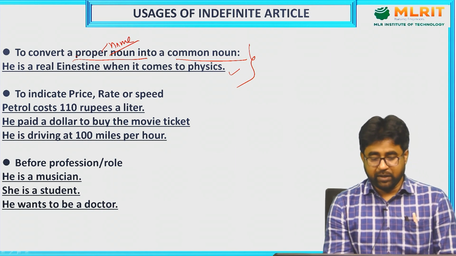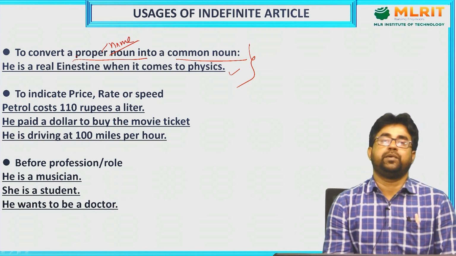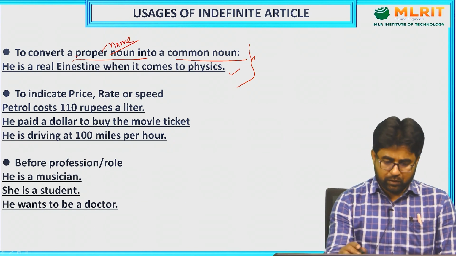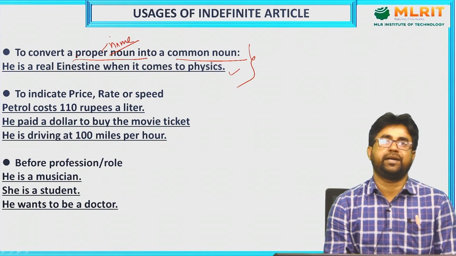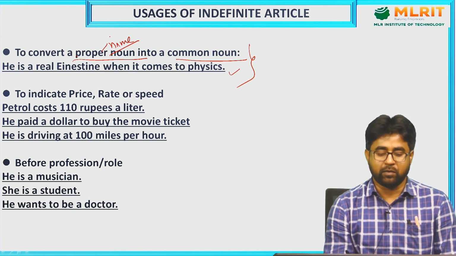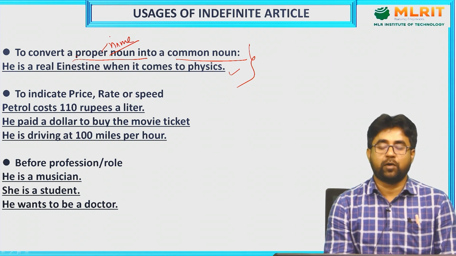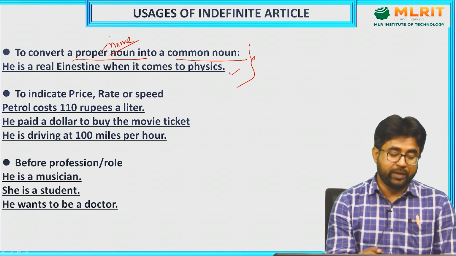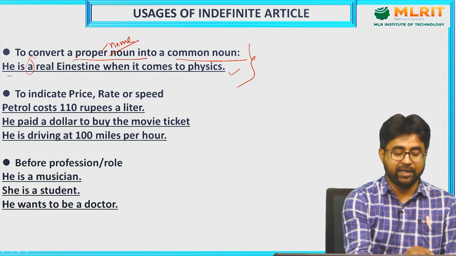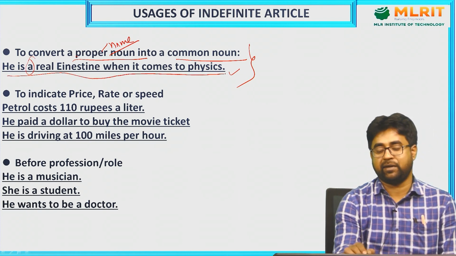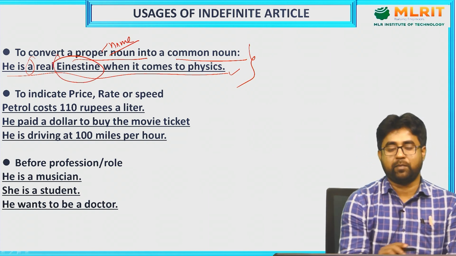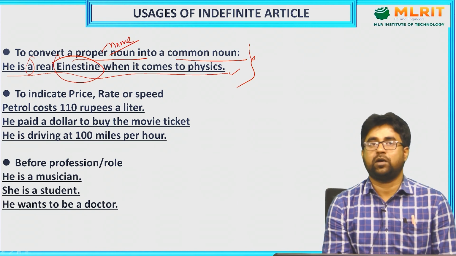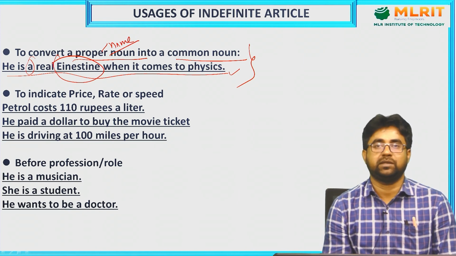Now see, normally we are not supposed to use an article before a proper noun. But when we want to convert that proper noun into a common noun, we can use an article. You can see here: He is a real Einstein when it comes to physics. Einstein is a proper noun here. What is the normal rule? Before a proper noun we are not supposed to use any article.